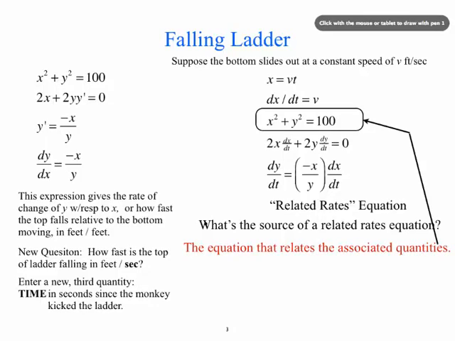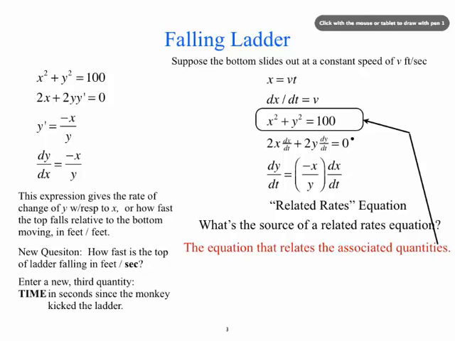The equation that related the associated quantities. So we had this equation of the quantities, x and y. From that, we could get the equation that related the rate of changes of those quantities. This is key. Because when you start problems, you have to have this mindset of, okay, I'm working towards a related rates equation. Where's that going to come from? It's going to come from the equation that relates the quantities.